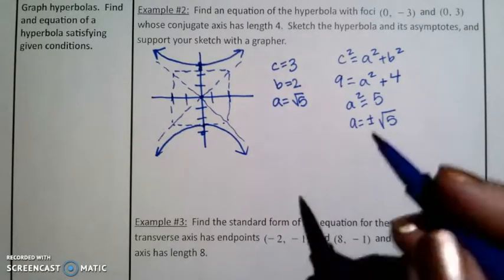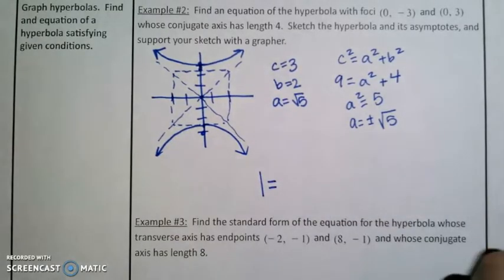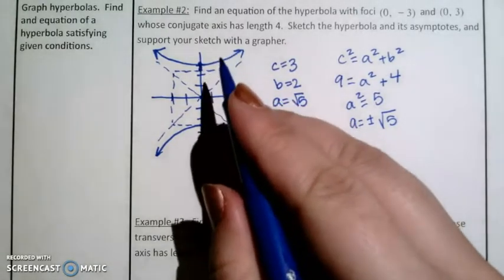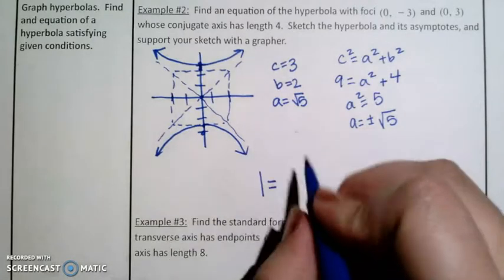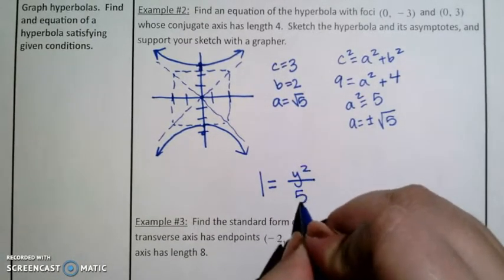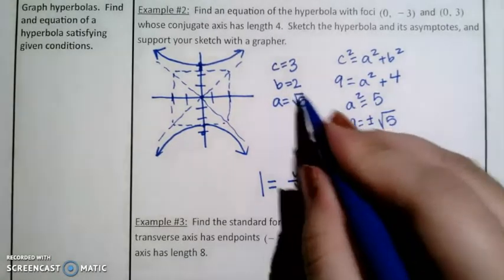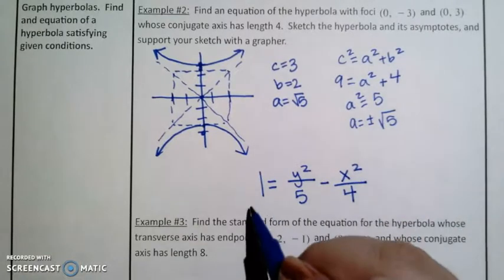Now the equation of the hyperbola, 1 equals, and it always equals 1, so we might as well start with the 1 equals. Our major or transverse axis is the y-axis, so we start with y squared divided by a squared, which is 5, minus x squared divided by b squared, which is 4.